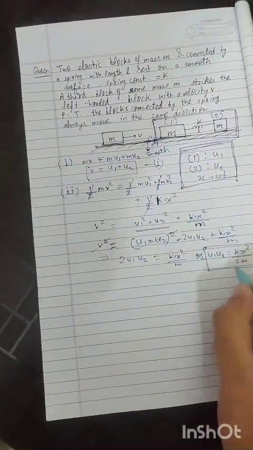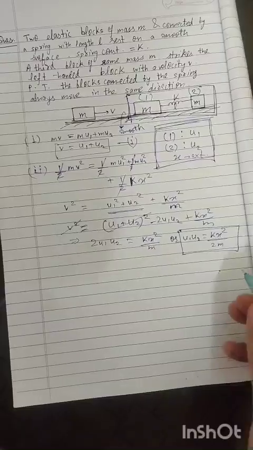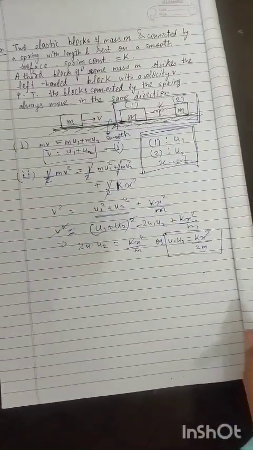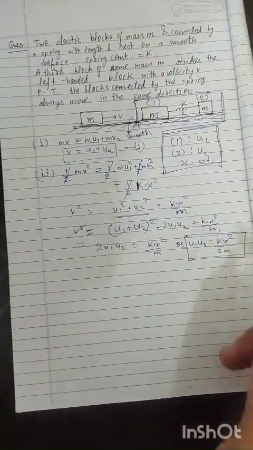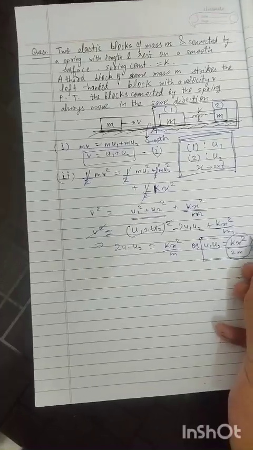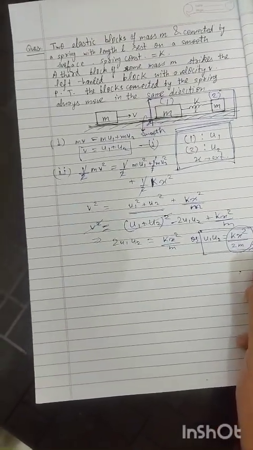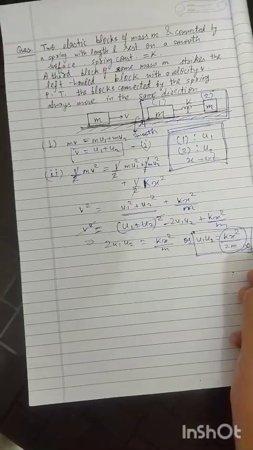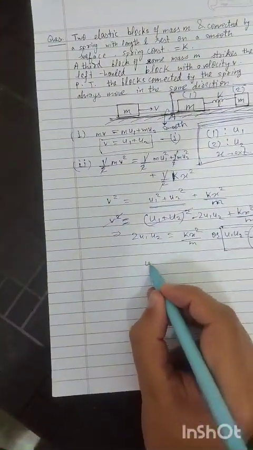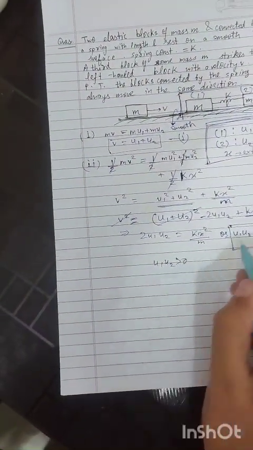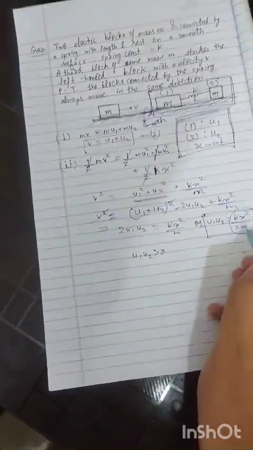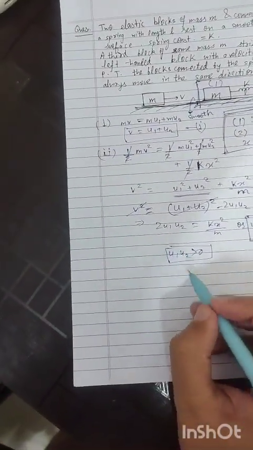So what I concluded is after the collision at any instant, x is non-zero. Therefore this entire expression is greater than 0. All of them are positive and non-zero, so it is greater than 0 and not greater than or equal to 0. So u1u2 is greater than 0.